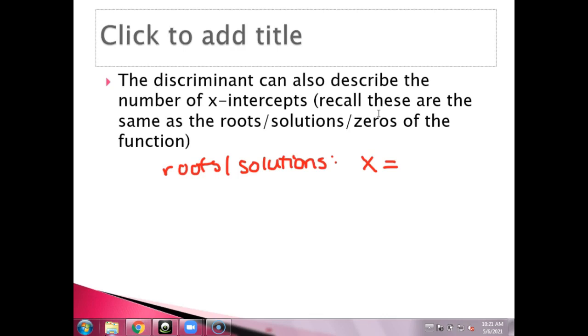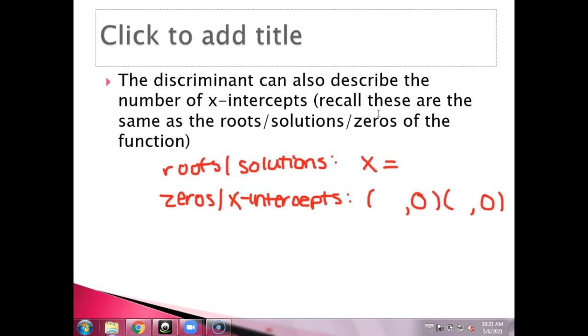The zeros and x-intercepts are the same thing, but these will come as points on the graph. And they will always have y equals 0.